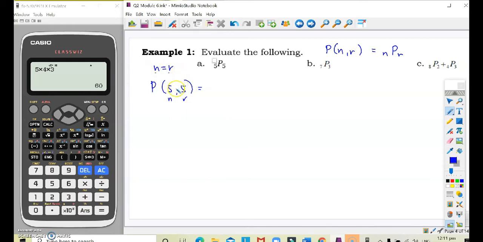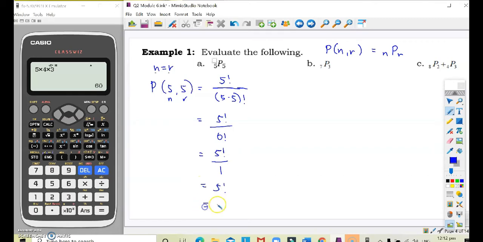Does that say anything for our solution? Let's see. If we apply the formula of permutation, we have N factorial, so 5 factorial over N minus R, the quantity 5 minus 5 factorial. We have in the numerator 5 factorial over 0 factorial. We already know that 0 factorial is 1, so we have 5 factorial over 1, which leaves us with 5 factorial.